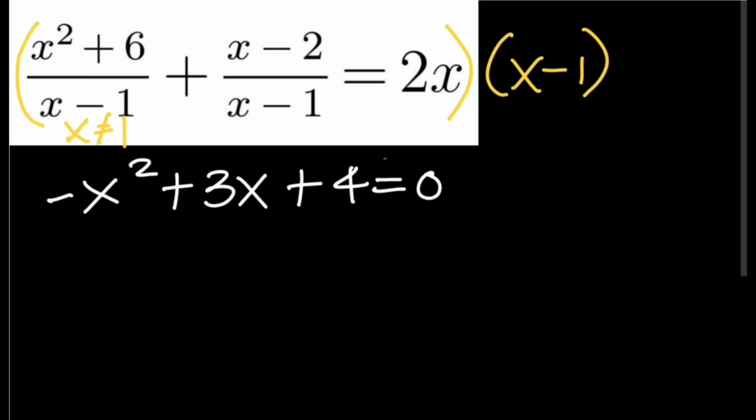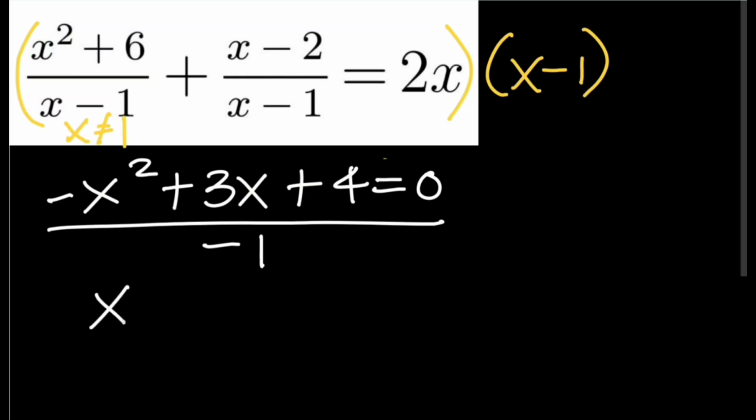Then we can change the signs by dividing both sides by negative 1. Then the equation will become x squared minus 3x minus 4 equals 0. And now we can factor this. We look for factors of 4 that when we multiply them, equal negative 4, and when we add them, equal negative 3.